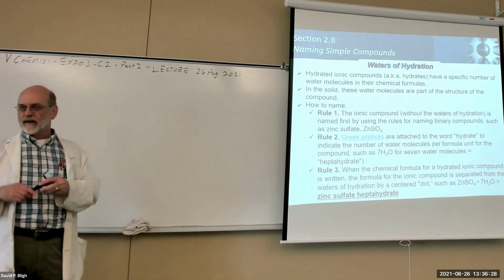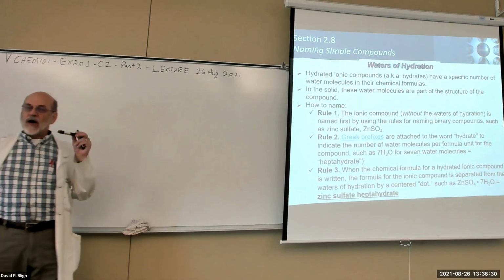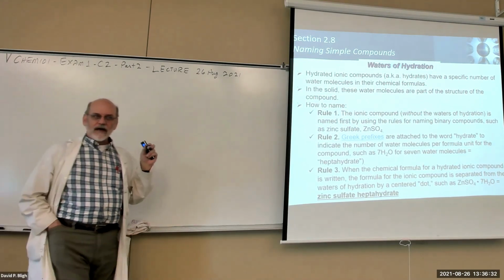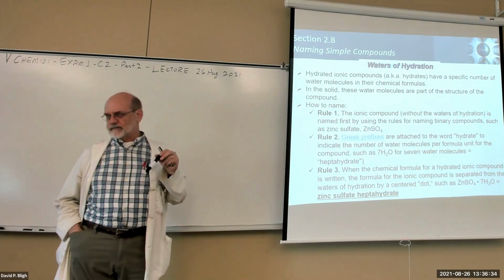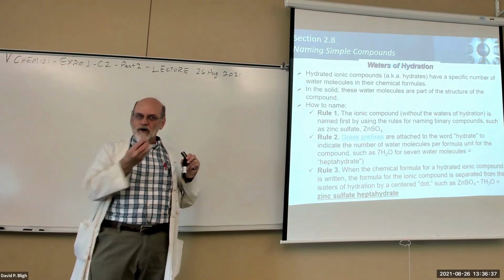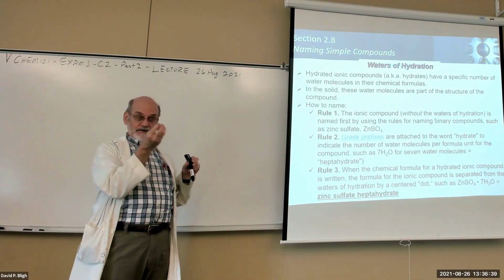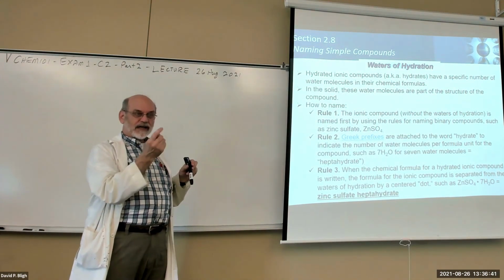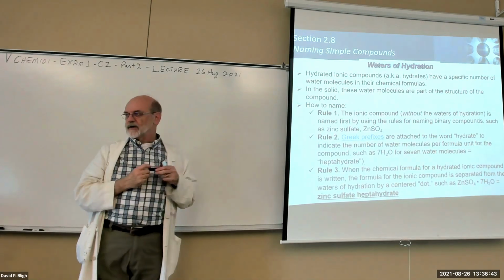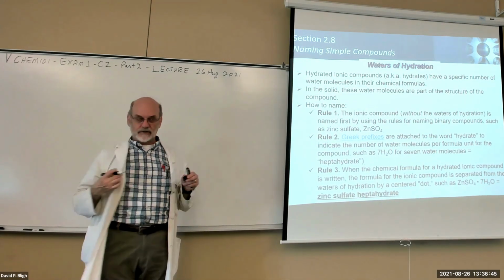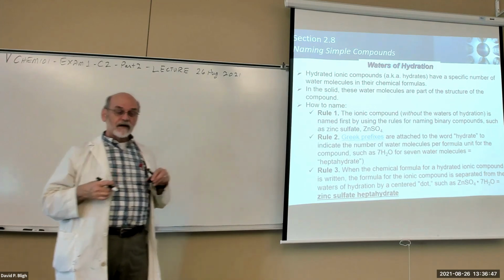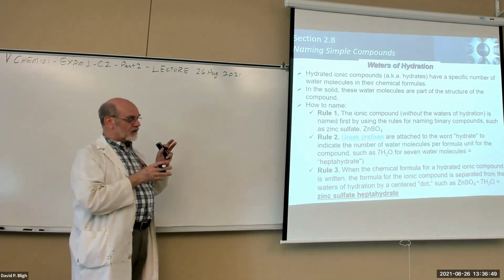Okay, last one. Some compounds have water attached to them. And the water is separate and it's a distinct molecule in the crystal structure of the ionic compound. Okay, but it's always in there.